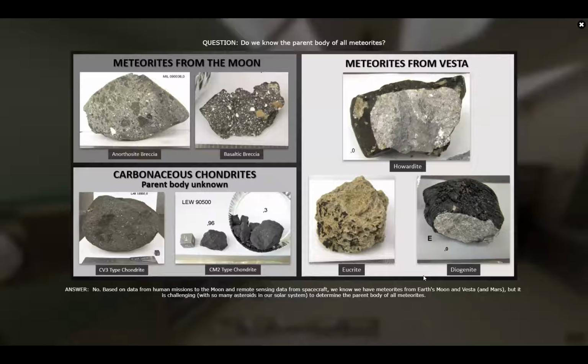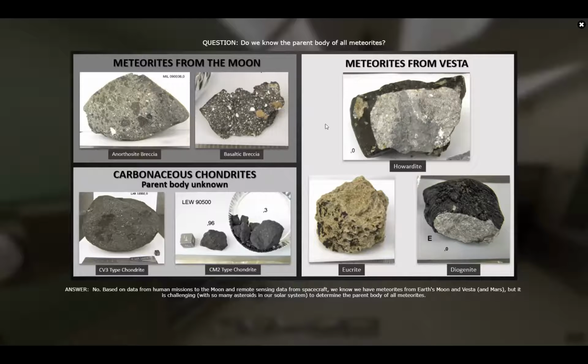The lighter elements like silicon and aluminum and sodium kind of float out towards the exterior. And so what you're left with is a metal core, a molten mantle, and a cool hardened crust, which is what our planet has. And we actually do have some meteorites that come from these bigger planetary bodies.